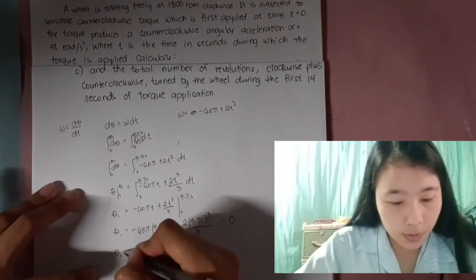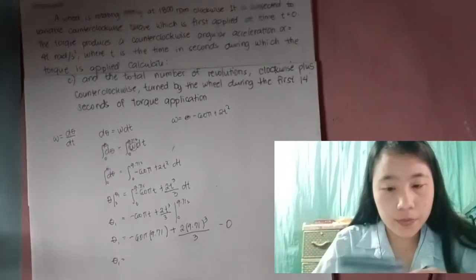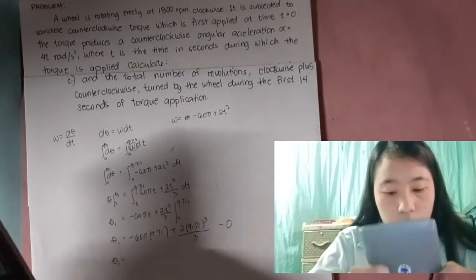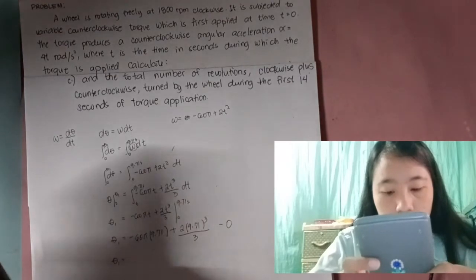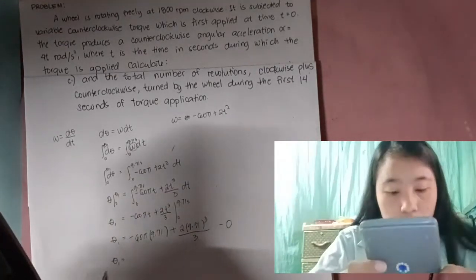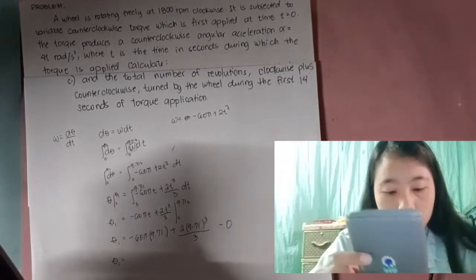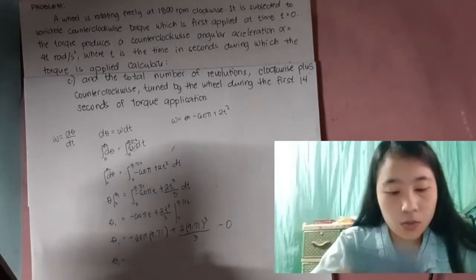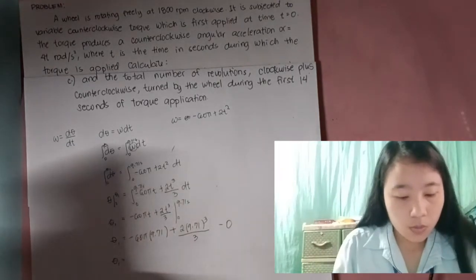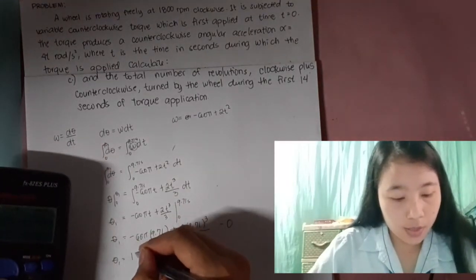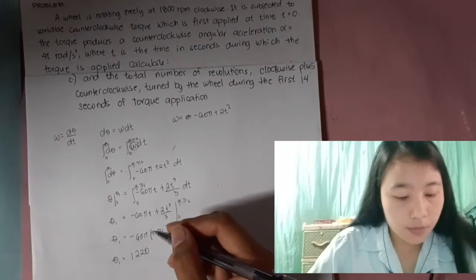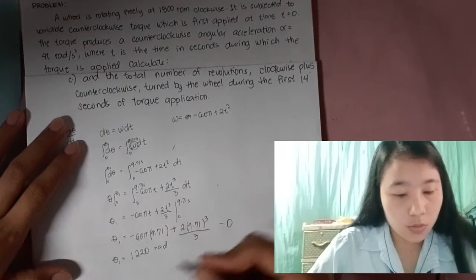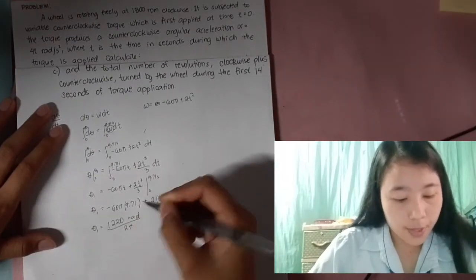Theta is equal to about 1,220 rad. We divide it by 2 pi.